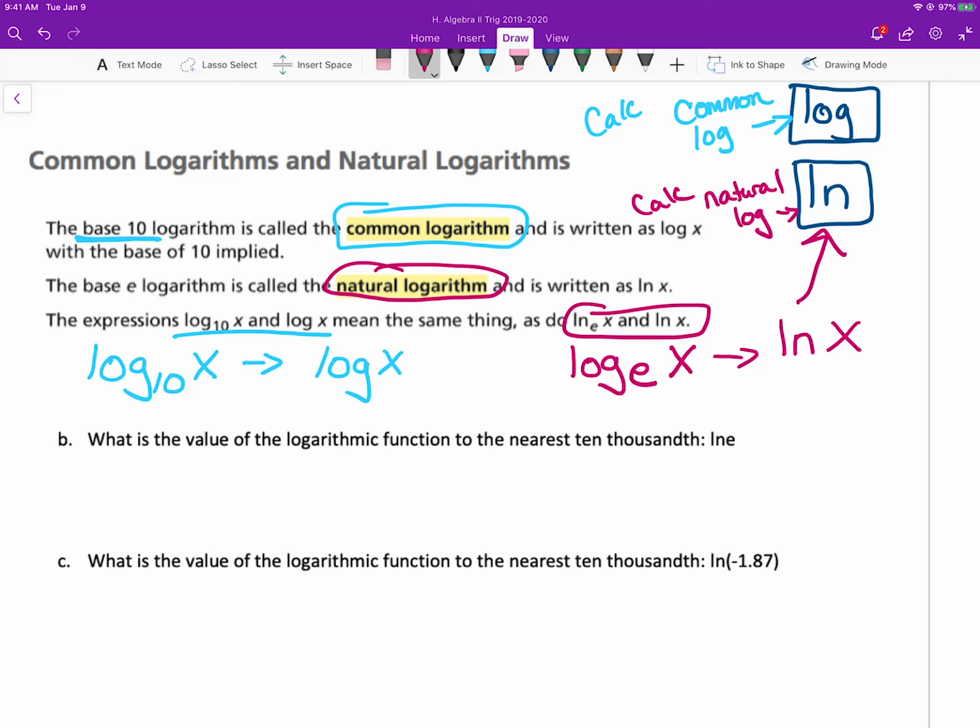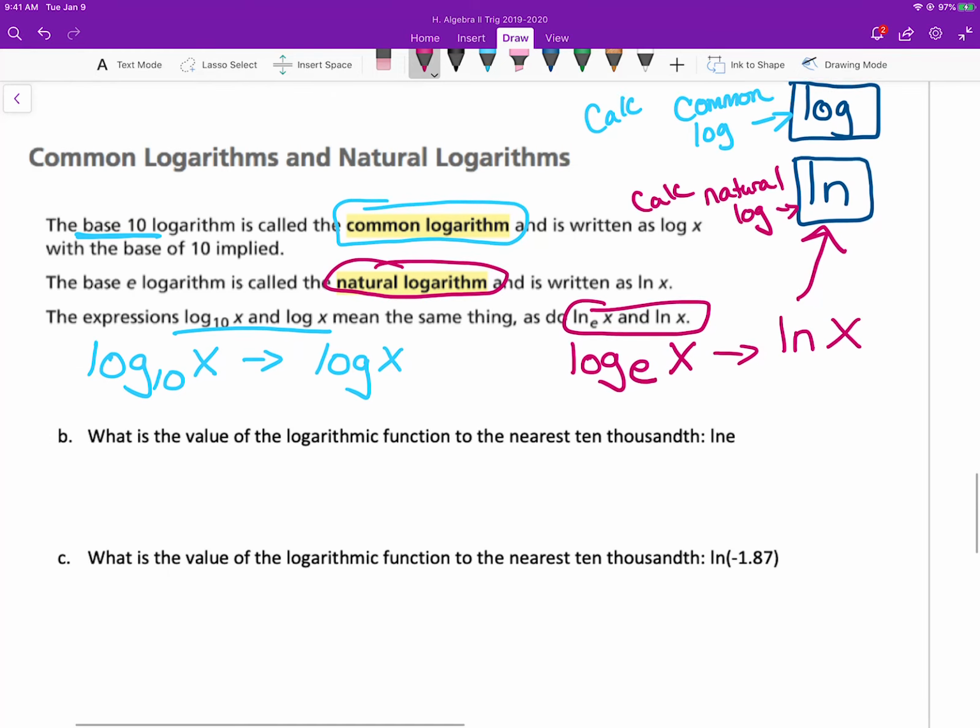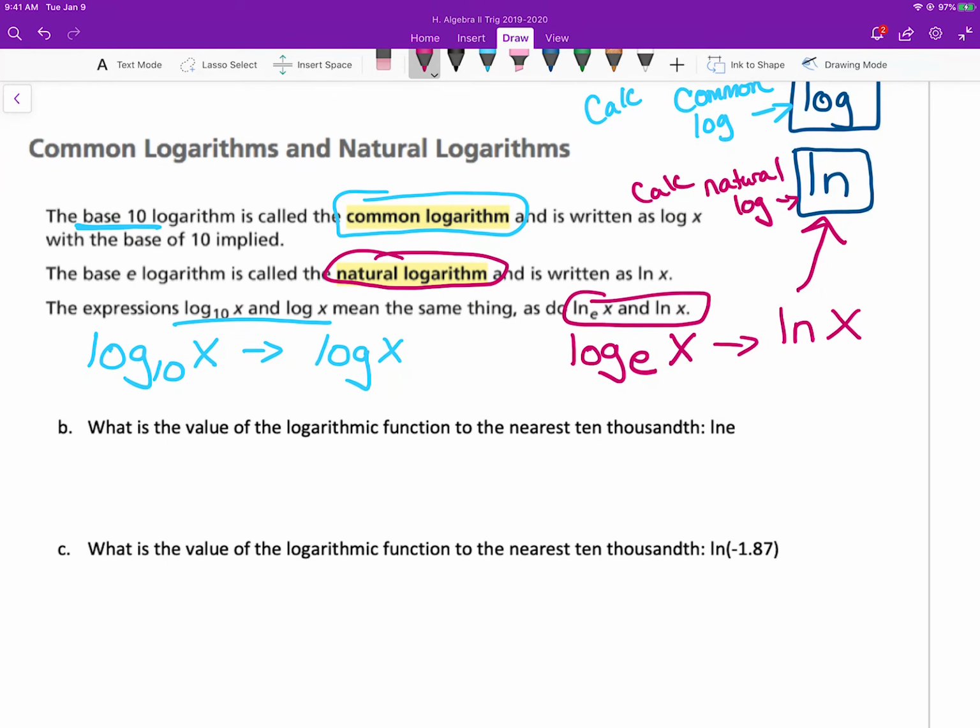So I don't know why we're starting with B. There's no number A right now. That's just my mistake. So what I'd like you to do on your calculator is, what is the value of the logarithmic function to the nearest tenth of, just type in L, N, E. Try to find that on your calculator.